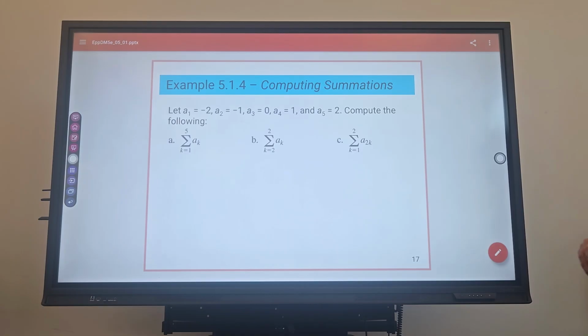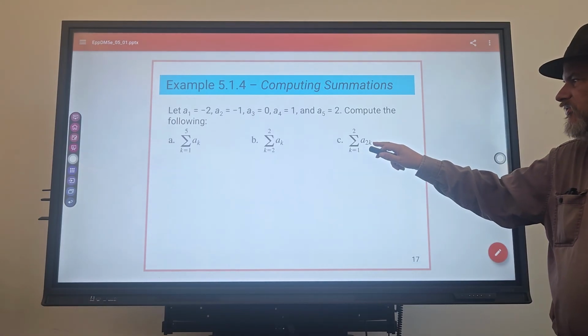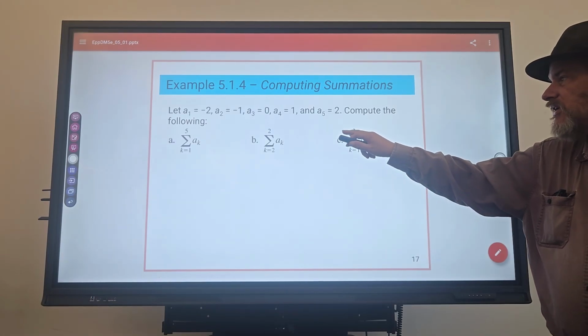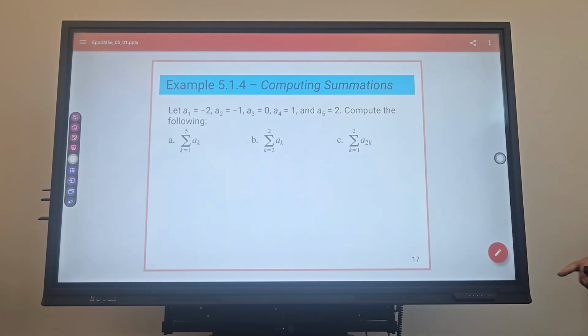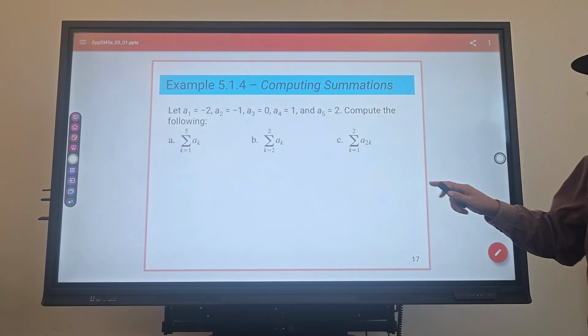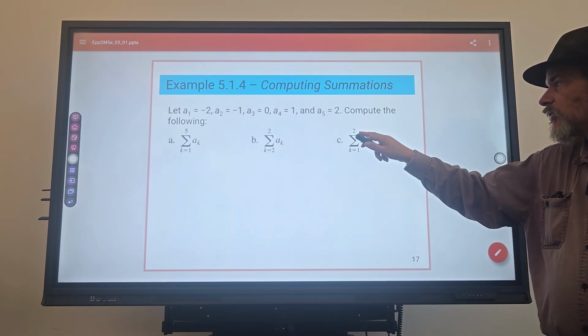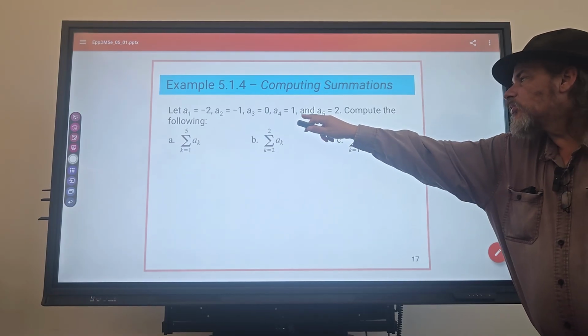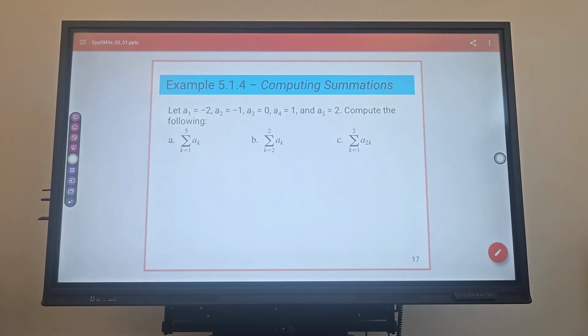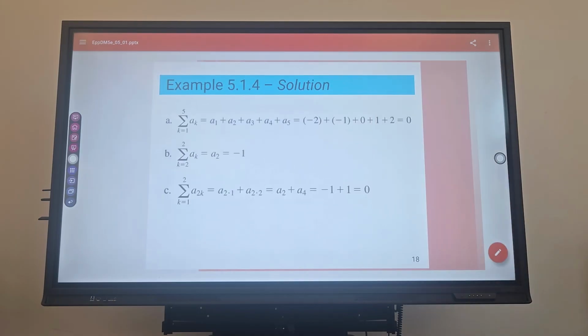So 1 times 2 is 2. A sub 2 is minus 1. Plus a sub 2 times 2, or 4, is 1. So it's minus 1 plus 1, which is, again, 0. And there you go, in expanded form.